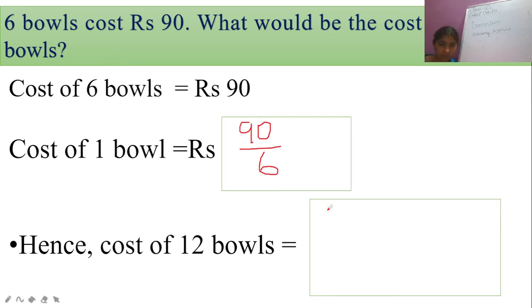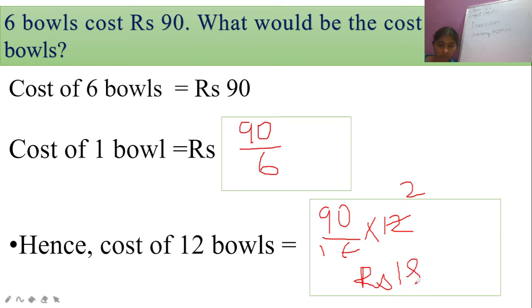So we can multiply 90 by 6 into 12, then we will get the cost. So write down your answer in the comment box, students. Yes, do we get 180 rupees for the 12 balls? Yes, very good. So this is the correct answer for the 12 balls when you buy.